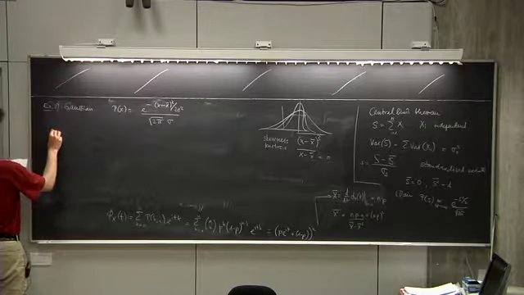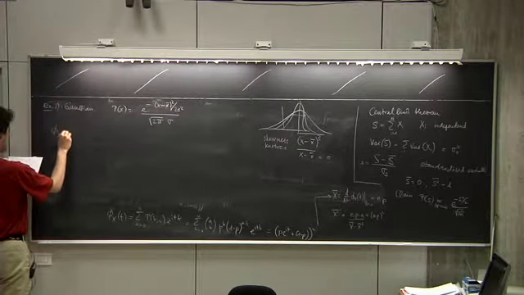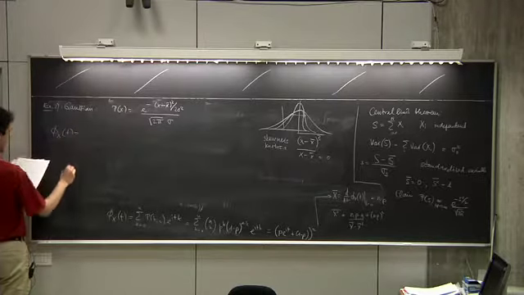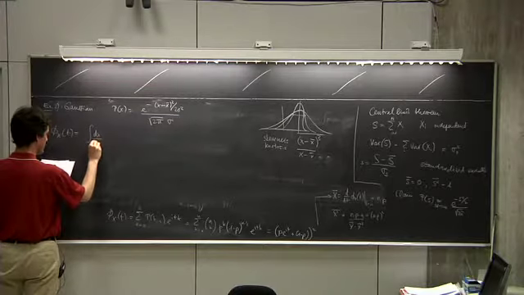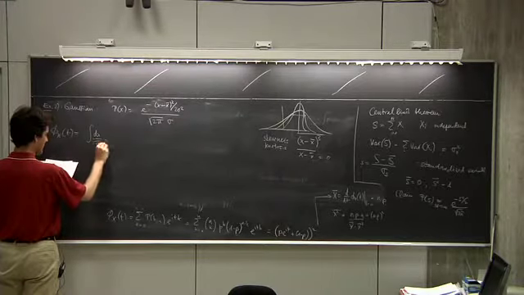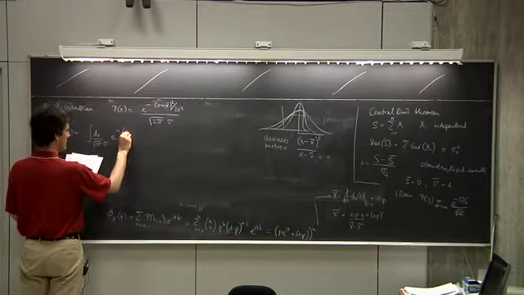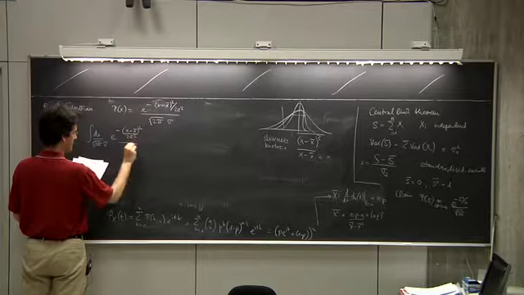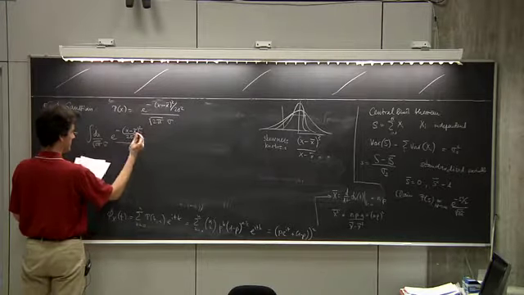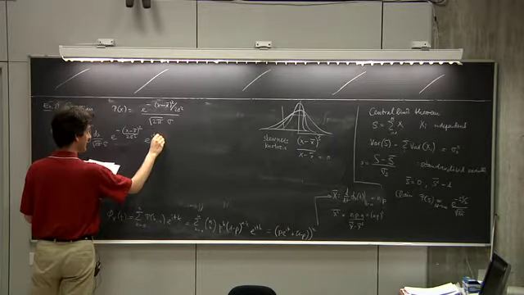And now what do I want? I want the characteristic function, or the generating function, which by definition is the Fourier transform of this thing, times e to the itx.